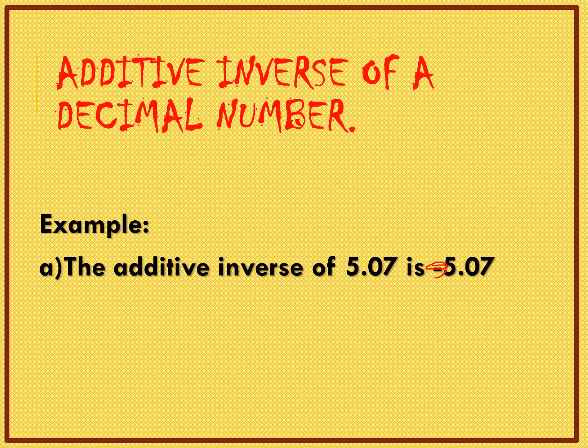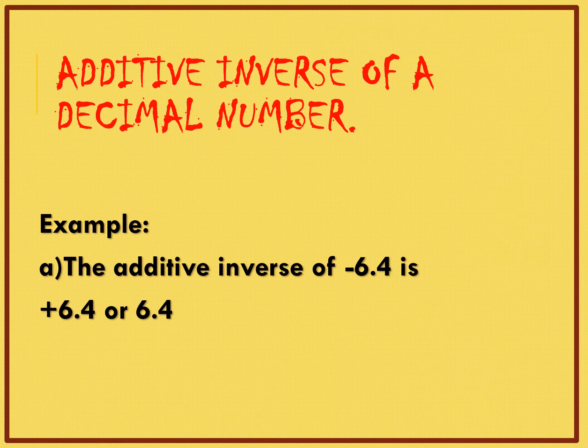Plus will become negative now. Next, if we want to take the additive inverse of a negative decimal number, it is a decimal number but now negative. So the final answer will be a positive decimal number. Positive 6.4 or plus 6.4, or you can write it without the plus sign also, as 6.4.